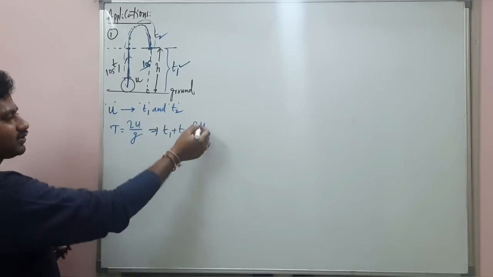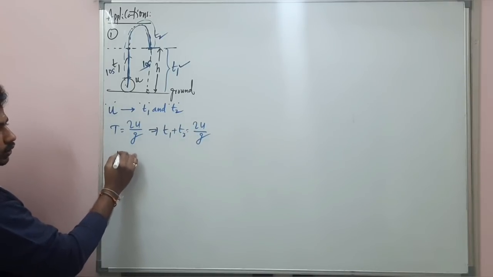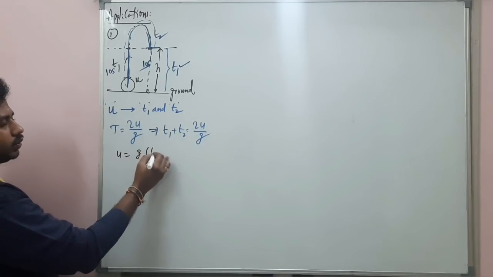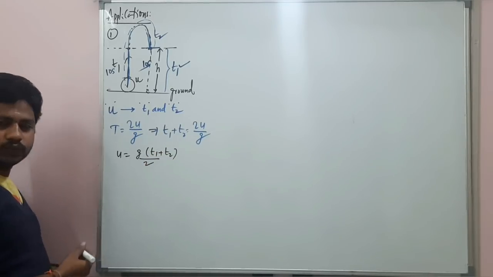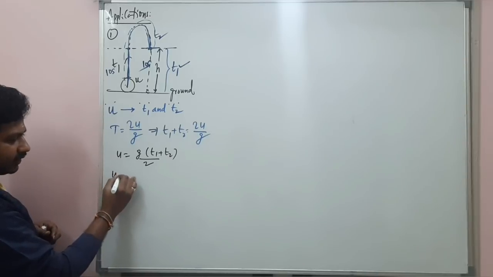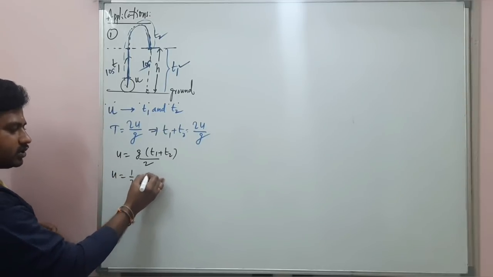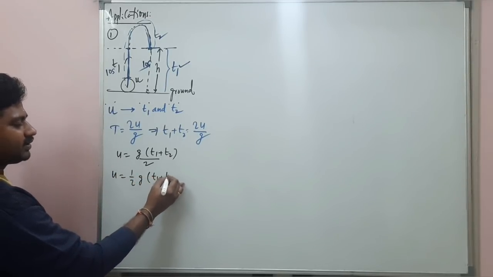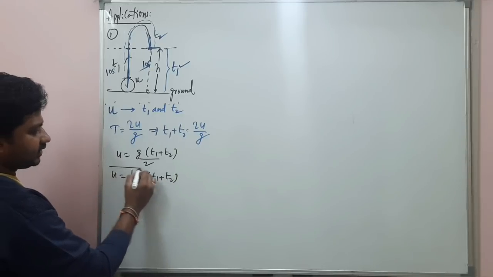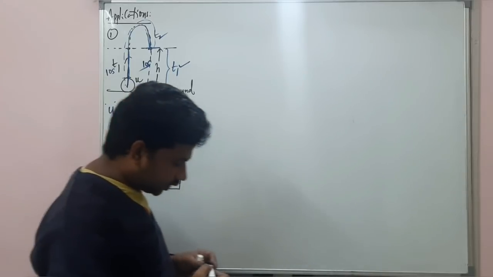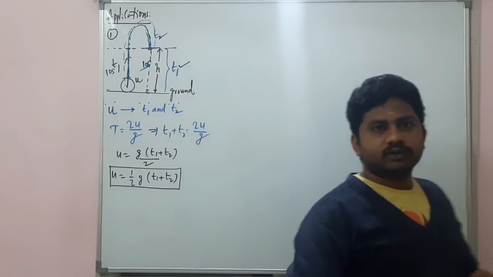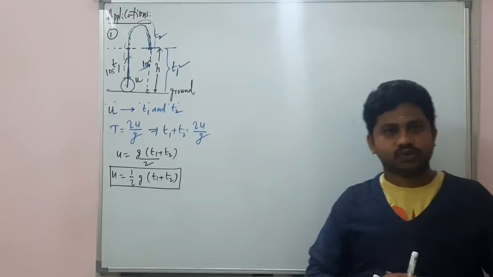So u is equal to g into (t1 plus t2) divided by 2, commonly written as half into g into (t1 plus t2). That is the initial velocity in terms of t1 and t2.